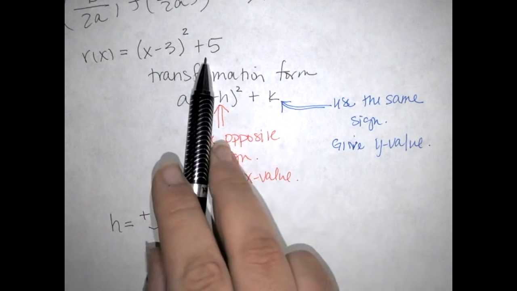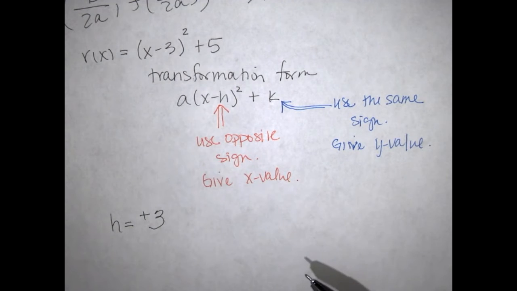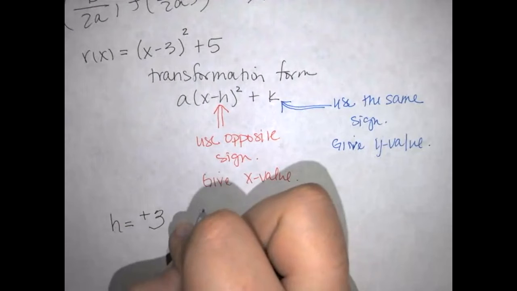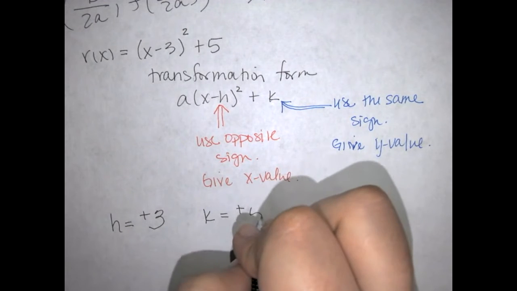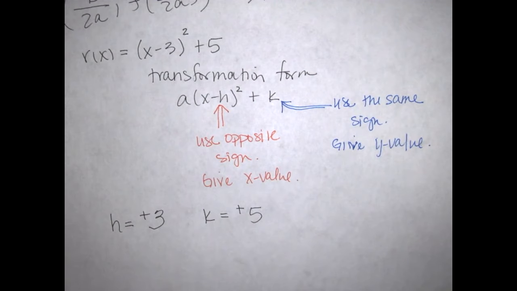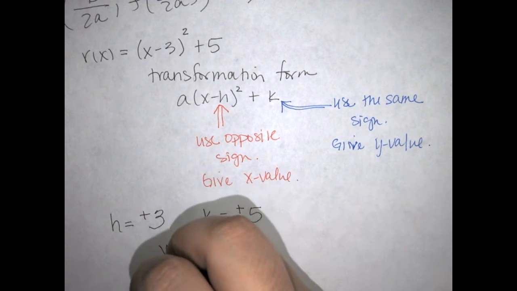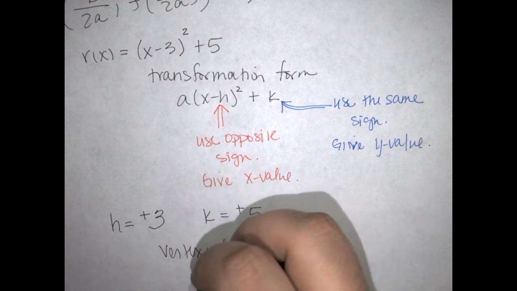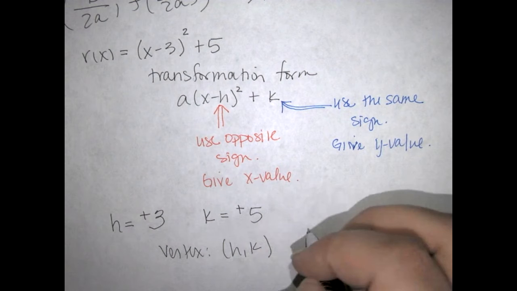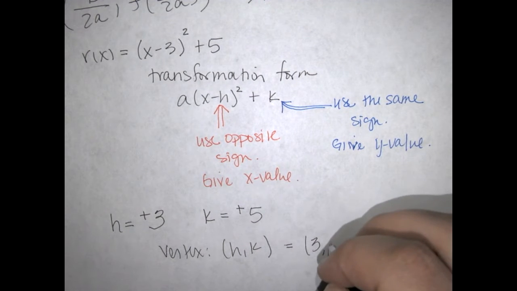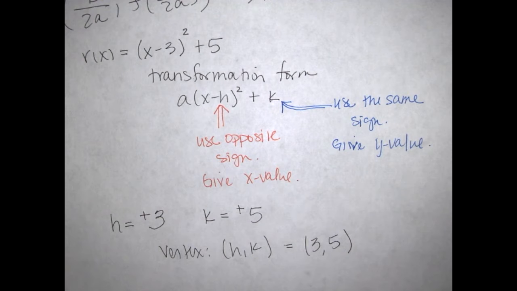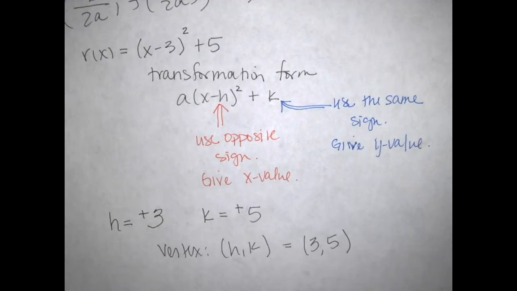If we look over here at the 5, that is going to give us the k value, and remember, we're going to use the same sign. So we have a positive 5. My vertex is in the form hk, which is going to give me 3, 5. And that is my vertex of this particular problem.